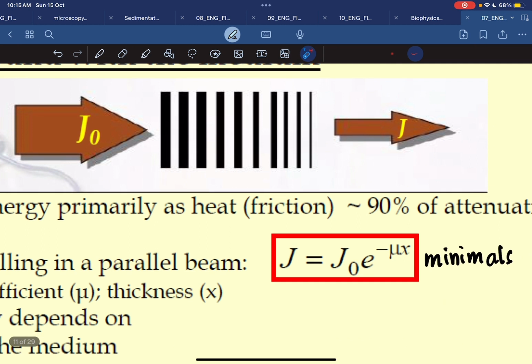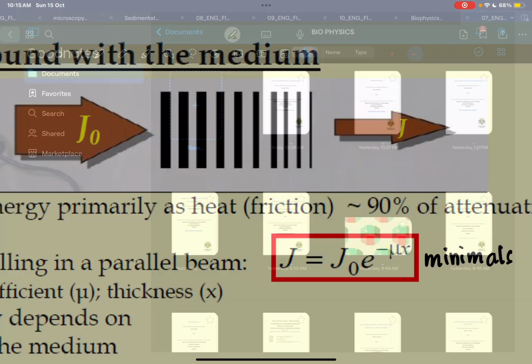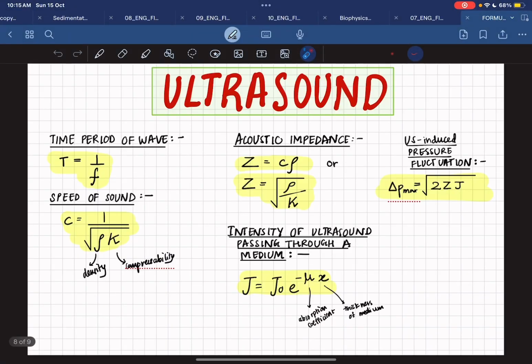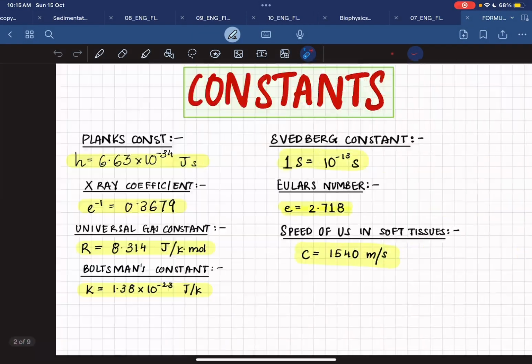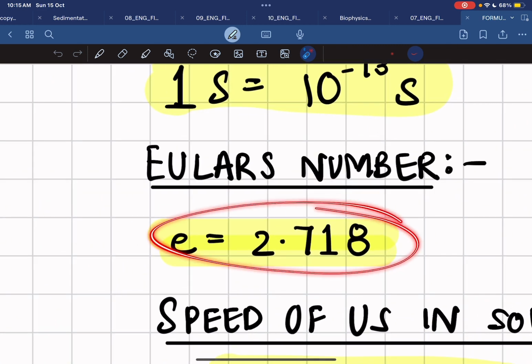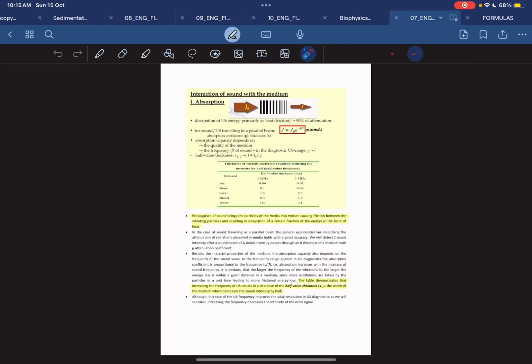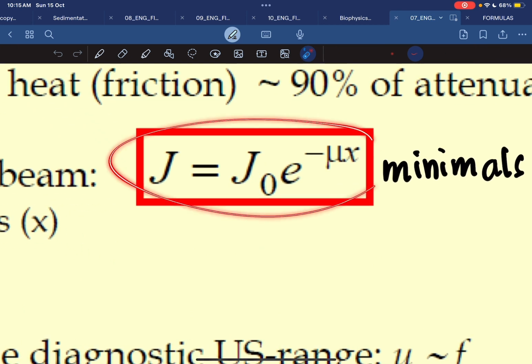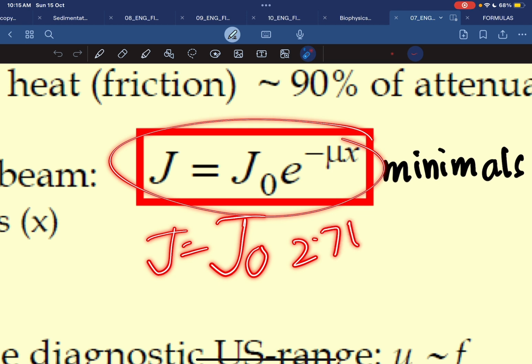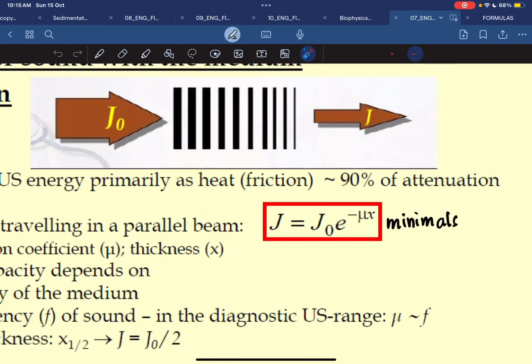I don't really know this, but you should have a button in your calculator which just says E. If you don't, then we can approximate the value of E as 2.718. So whenever you're plugging in the values of the formula, you can write J0 and then 2.718 raised to minus mu x. Okay, that should be fine.